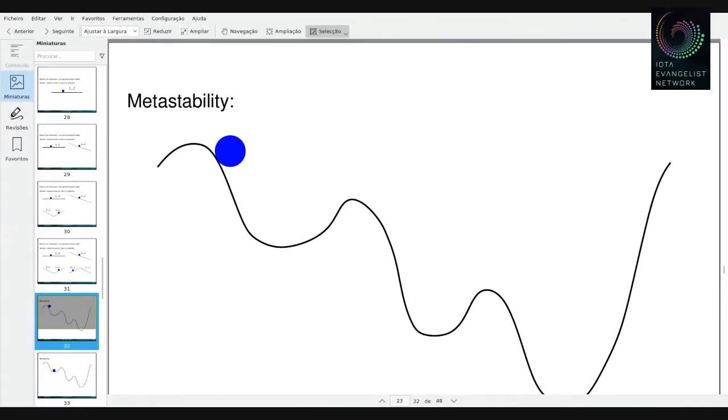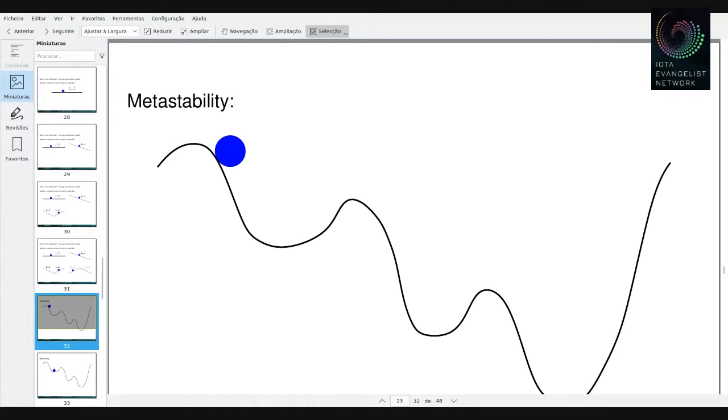Now, let me explain one very important phenomenon in physics, which is called metastability. So, what is metastability? Just think about this drunken guy who is walking in this landscape. So what will happen?